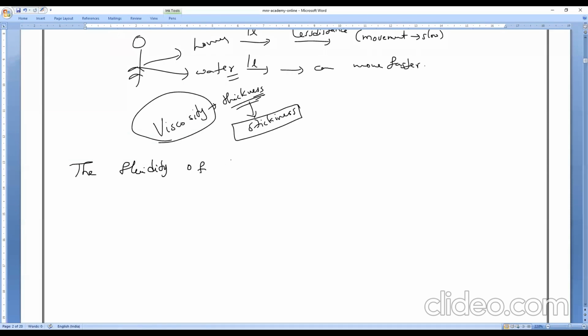The fluidity of different liquids is different due to their different densities. Okay. So that is what you have to remember.